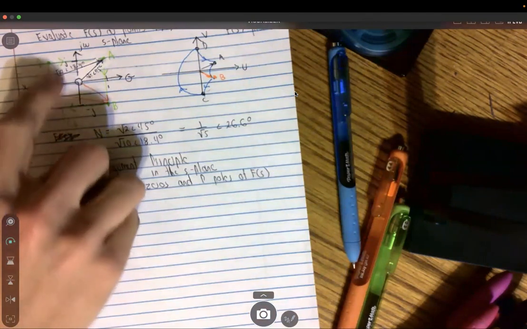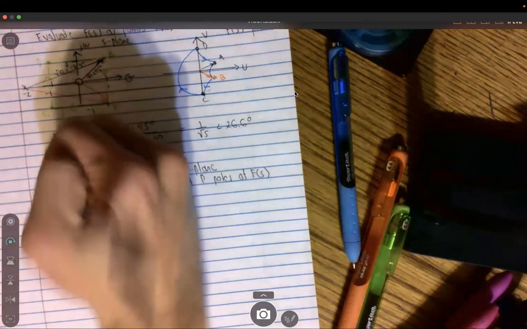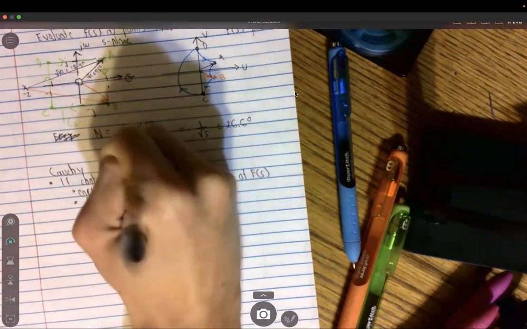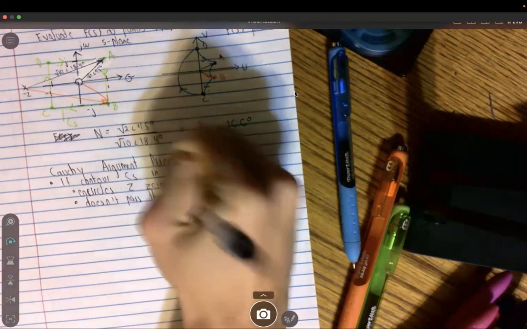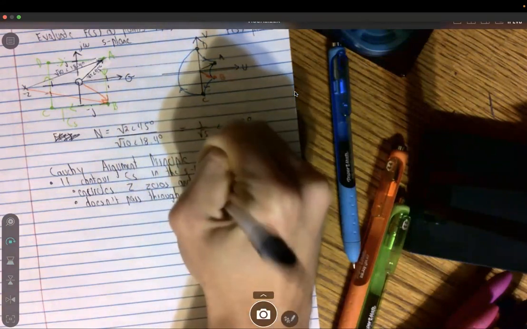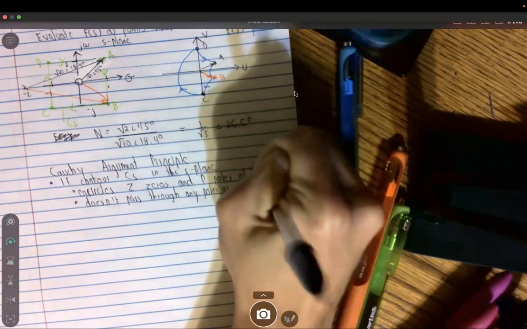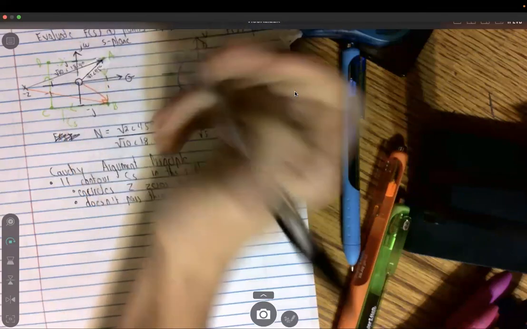The pole was outside the green contour, but the zero was inside. The next thing is it doesn't pass through any poles or zeros of f of S. Notice that this contour doesn't pass through any poles or zeros in its outline.